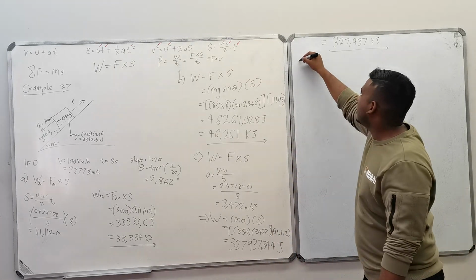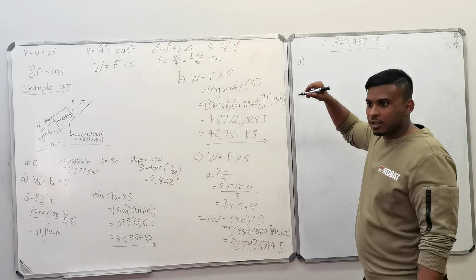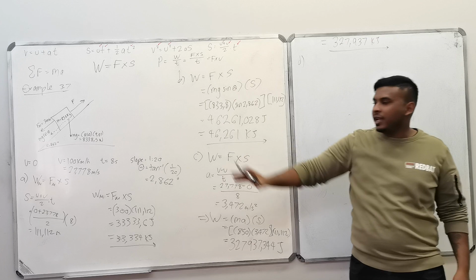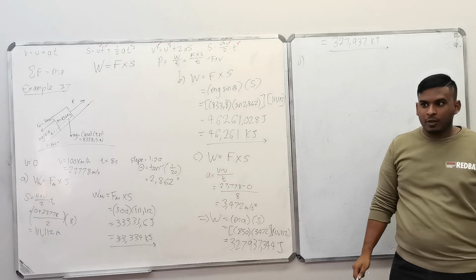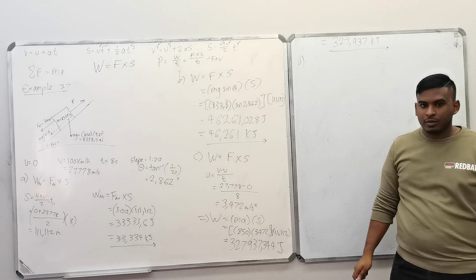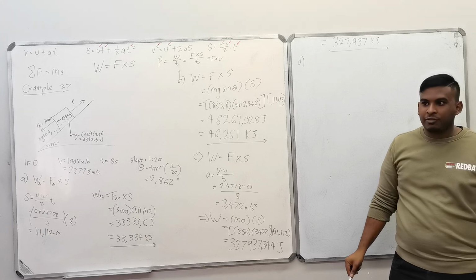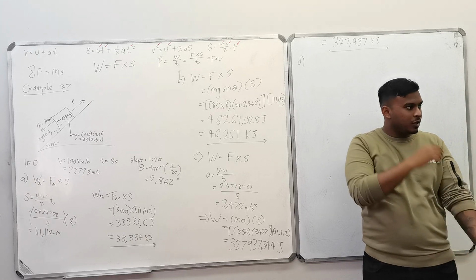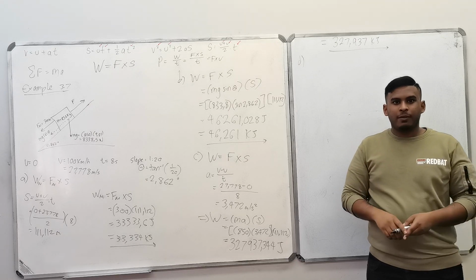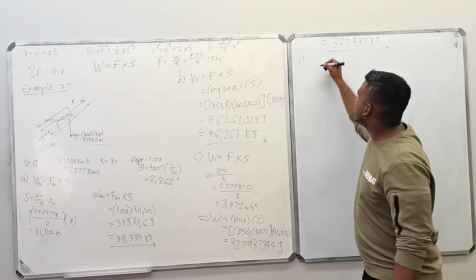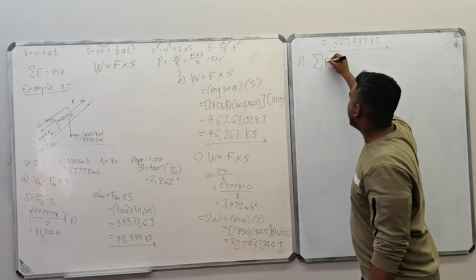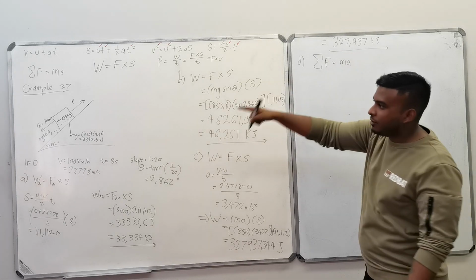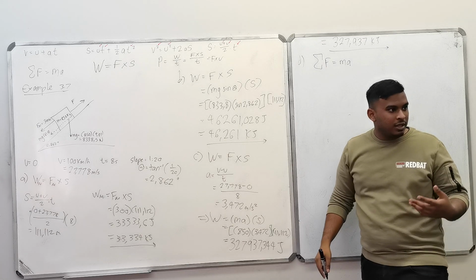Next one, they ask you to work out the total force. Total force from the diagram. Which letter are they talking about? The F, your applied force. How would we work that out? Newton's second law: the sum of the forces that act on the object is equal to mass times acceleration. How many forces are acting on that object? 3.